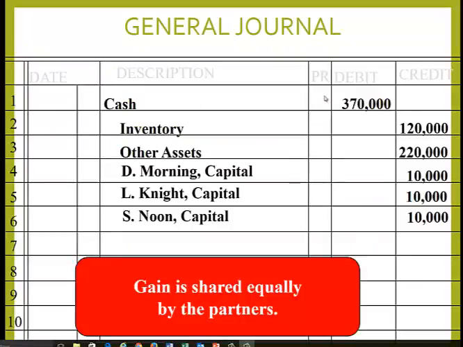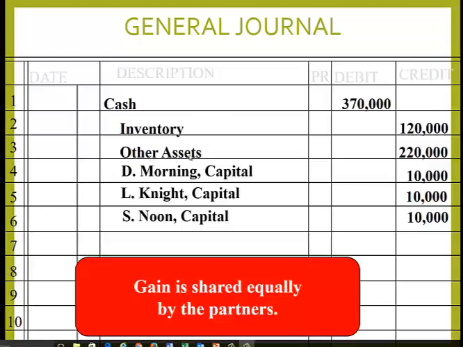Okay, we received $370,000 for the non-cash assets, so we will debit cash for $370,000. We have to remove the assets we sold at their cost. So inventory had a debit balance of $120,000, so we are going to credit inventory for $120,000 to zero it on the books.